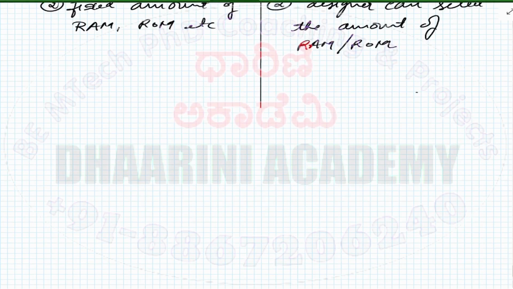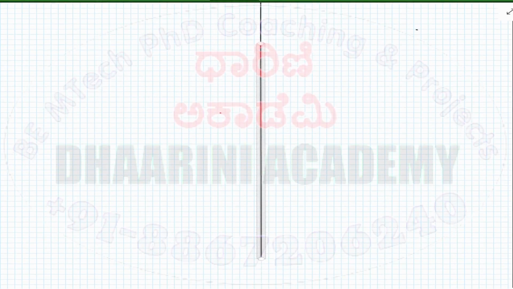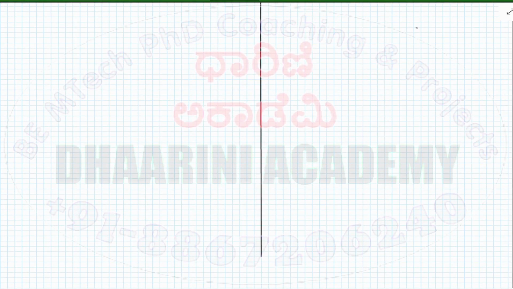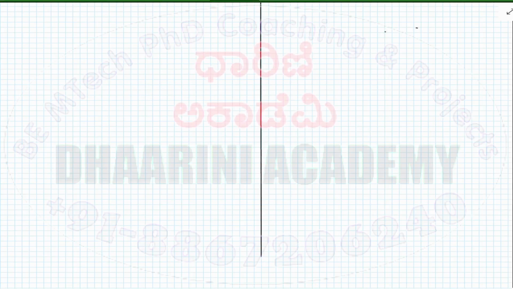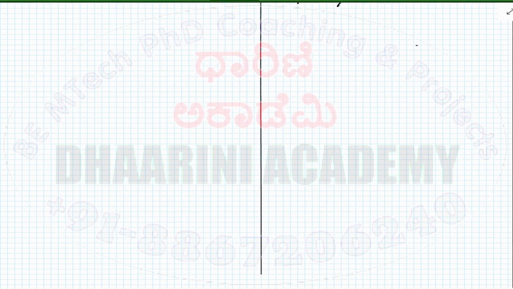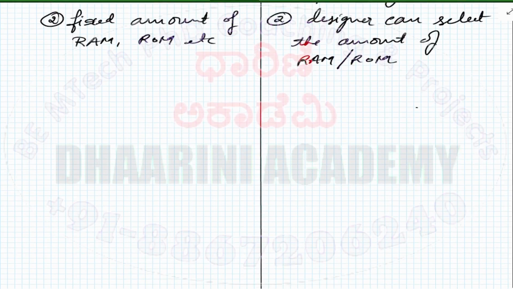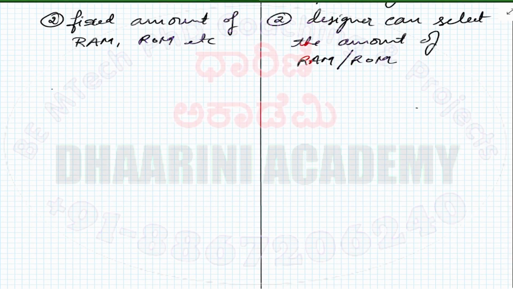Right. The next point, we have already discussed. The microprocessor has the capability to process more data, whereas a microcontroller may not have that much data handling capability. So that will be our point number 3.